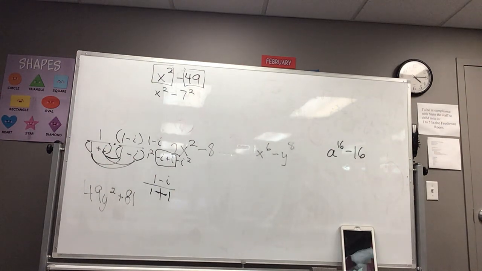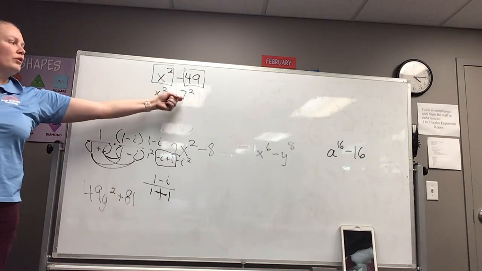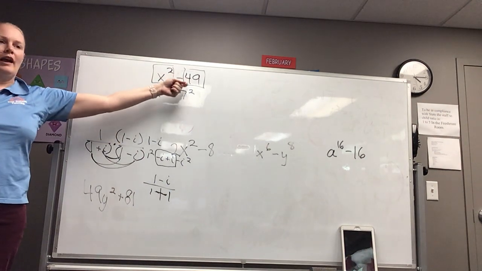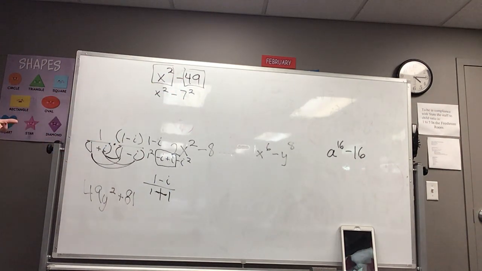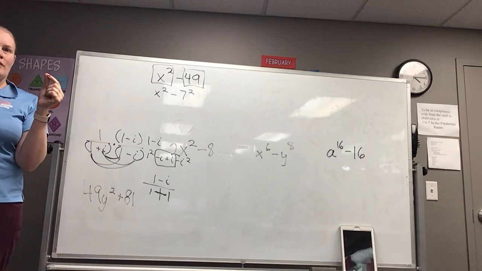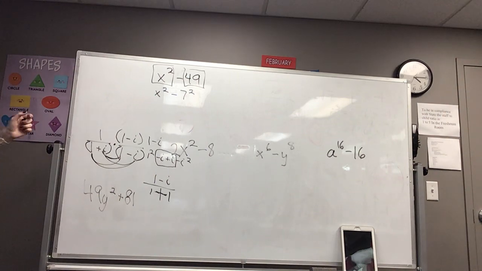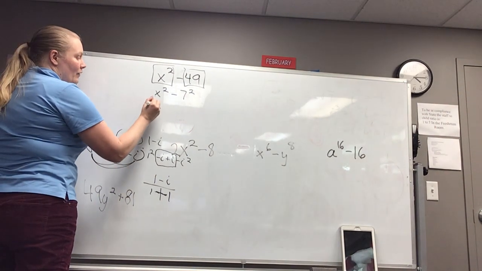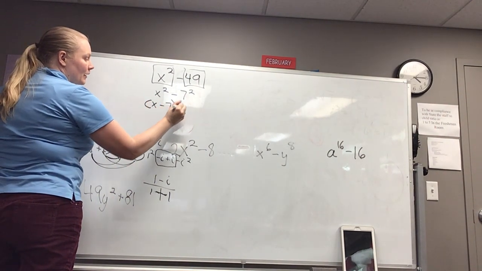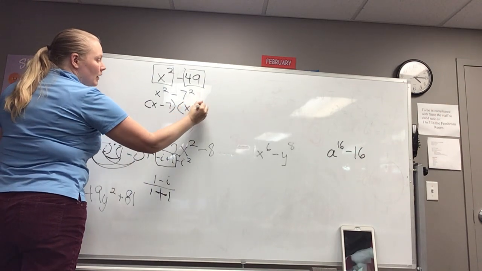And this factors into two numbers that multiply to 49, 7 and 7, and they differ by 0, or they add up to 0. And so we have x minus 7 and x plus 7.